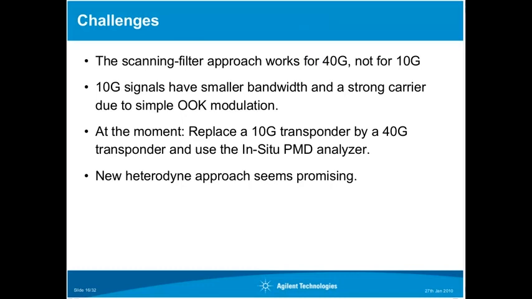And so what people are doing, if they want to do the in-situ measurement, they actually change the system a little. They replace a 10G transponder by a 40G transponder and use it as a stimulus. And this is a little disappointing.